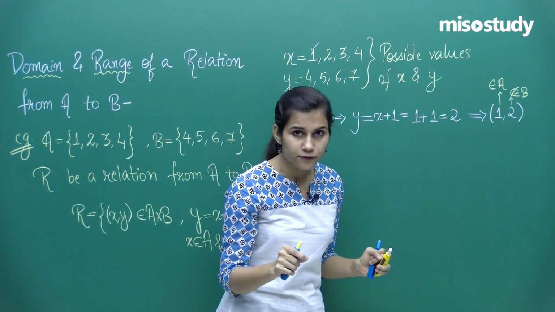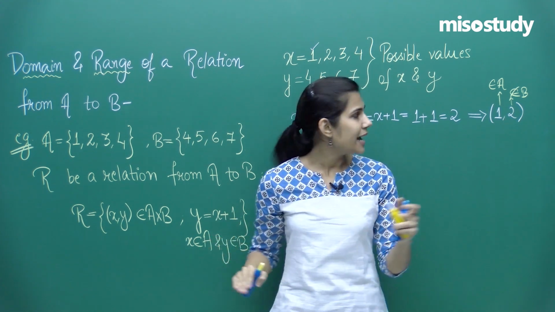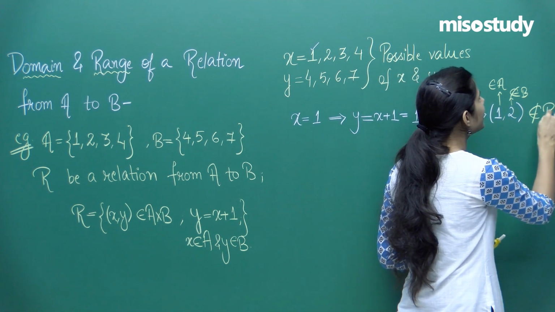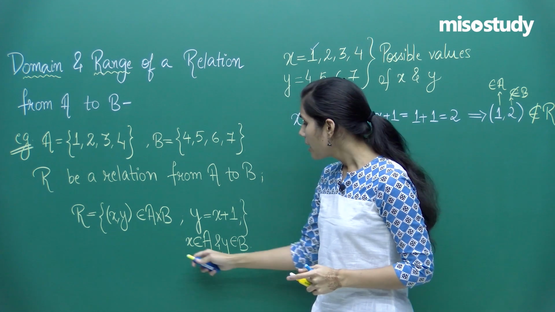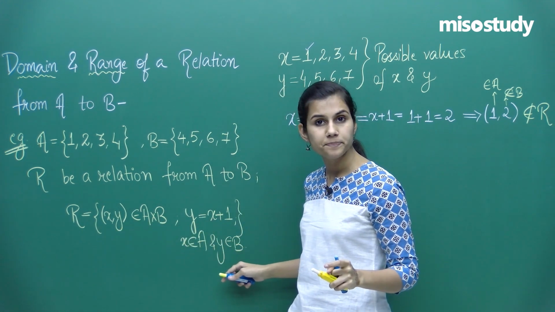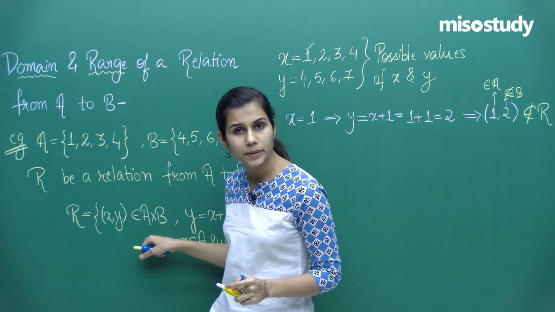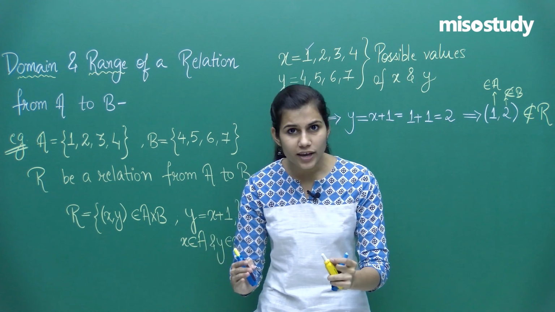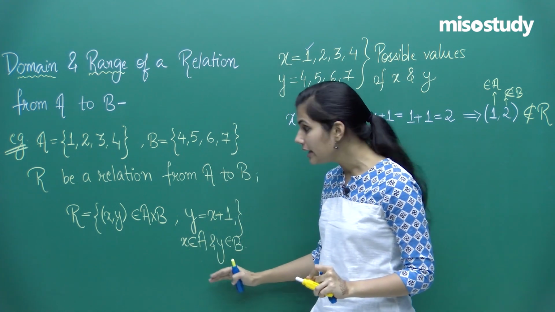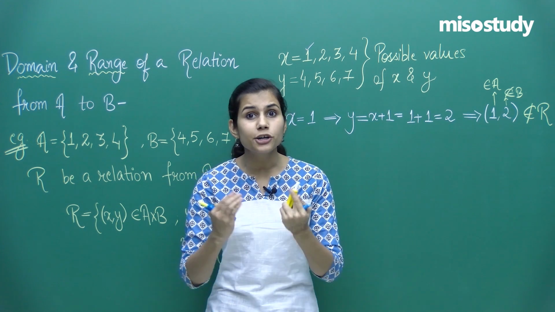That is why even if the ordered pair (1, 2) is satisfying the rule which is given over here, which says that the second element should be obtained by adding 1 to the first element, even then this ordered pair is not making a place inside the set R, because it says that the first element of the ordered pair should necessarily come from A and the second element should necessarily come from B. Because until and unless this condition is satisfied, this (x, y) will not be a member of A cross B. Whereas we are just trying to form a subset of A cross B, therefore we are collecting members of A cross B. Until and unless x is coming from A and y is coming from B, this tuple cannot be a member of A cross B and hence cannot be borrowed from A cross B. So how can this tuple enter into R?